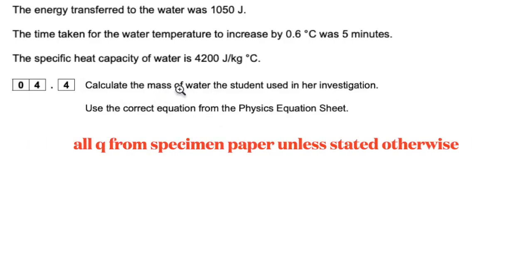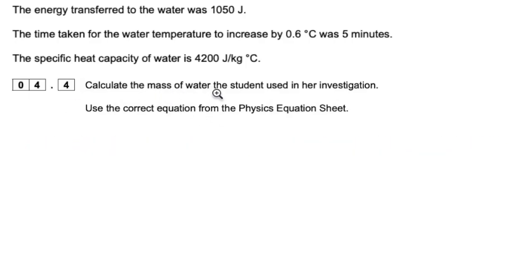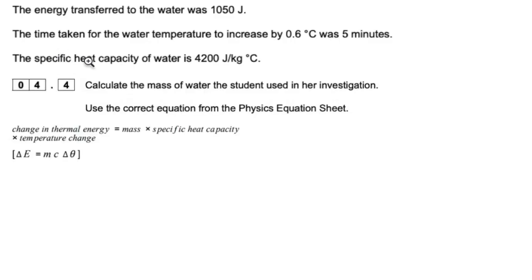So we're meant to find the mass of the water, and we are given the specific heat capacity in the question. They wouldn't give it to us if it wasn't relevant in some way. So let's look at the equation of specific heat capacity, which is on the equation sheet. So we've got the change in thermal energy. Now the energy transferred to the water is 1050, so that is the change in energy because that much energy was transferred.